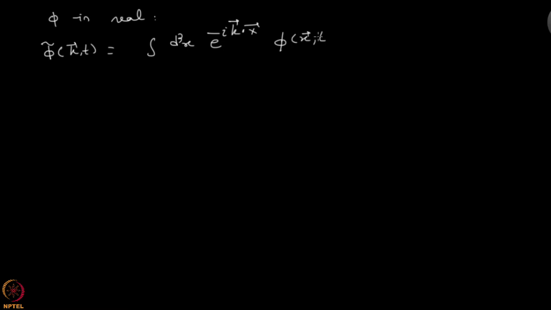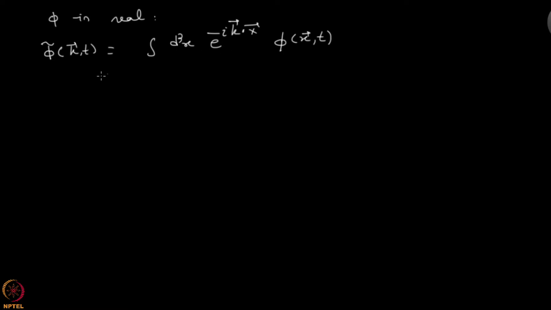Now we are taking phi to be real, and that should have a bearing on the phi tilde. So let's find that out. So phi is real. So if I look at the phi tilde of k t, which is just the integral of d cube x e to the minus i k dot x phi of x t.